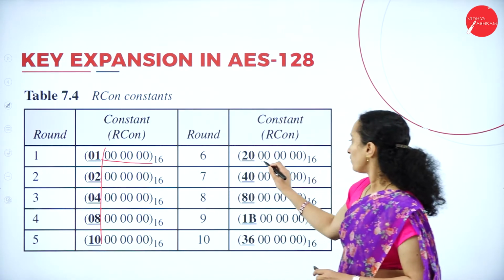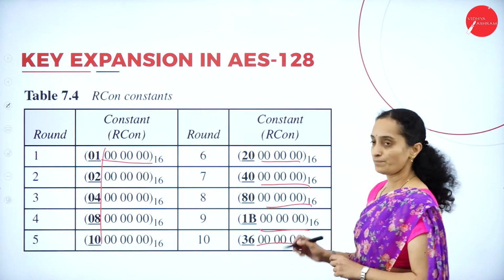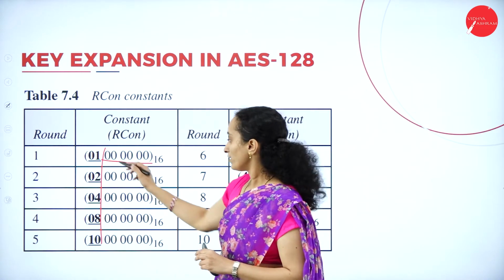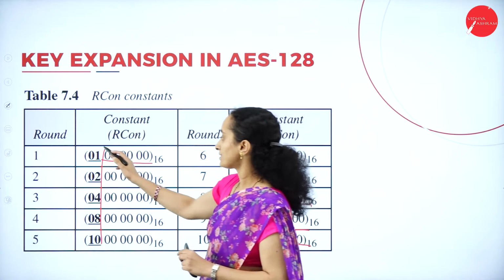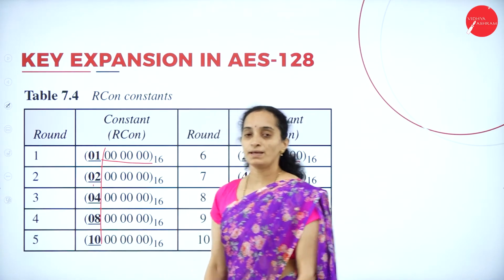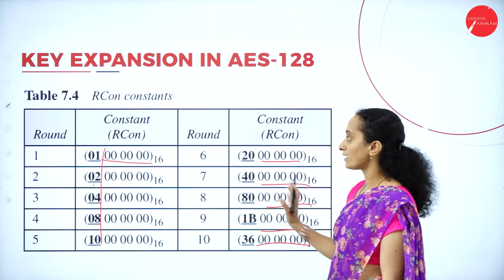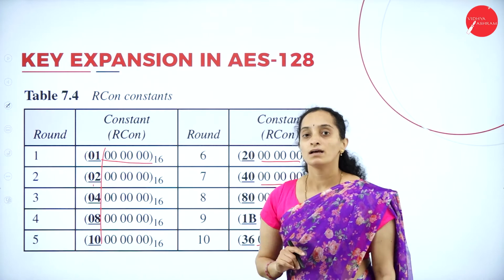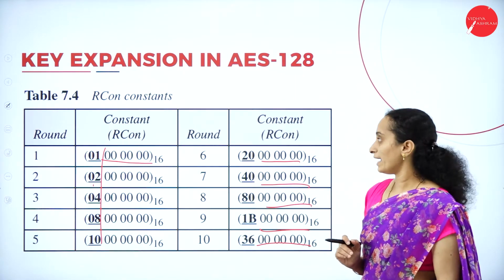Here, rightmost 3 bytes will always be 0. That's why it is called a constant. Only these values will be rotating. The last byte only will be rotating in the round constant or Rcon constant. So this is the key expansion in the AES with 128 bits.